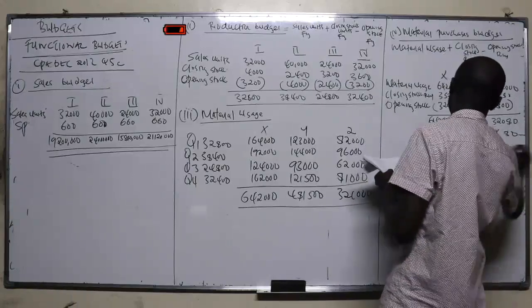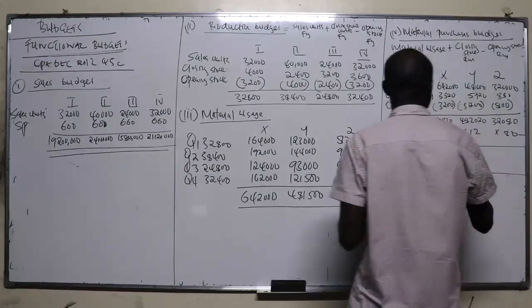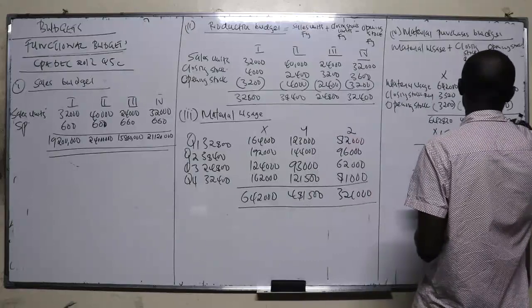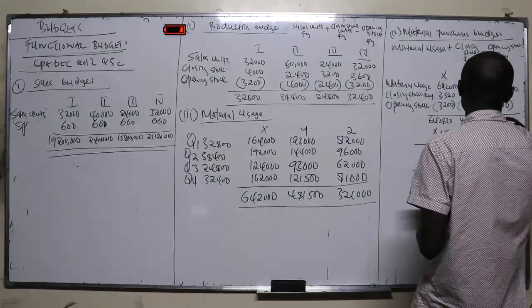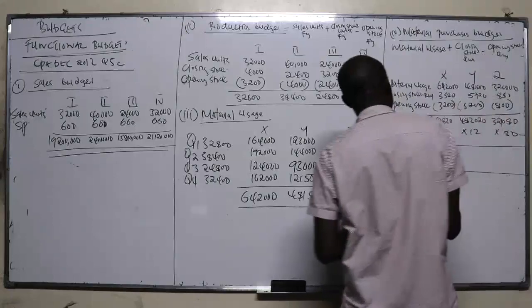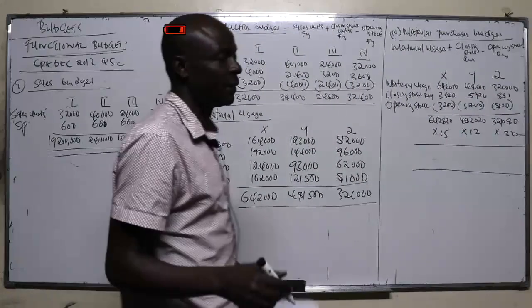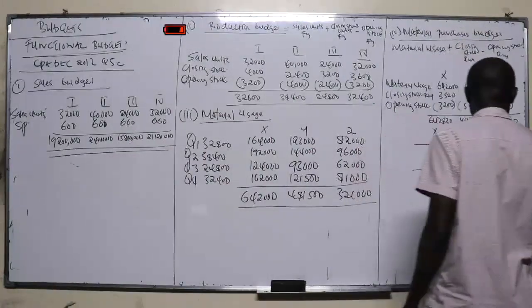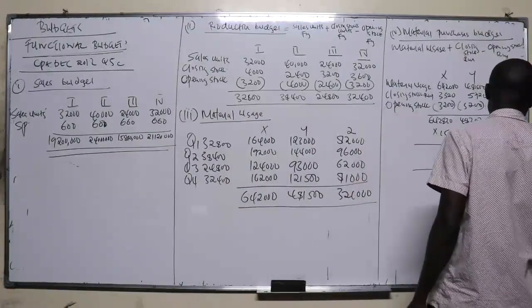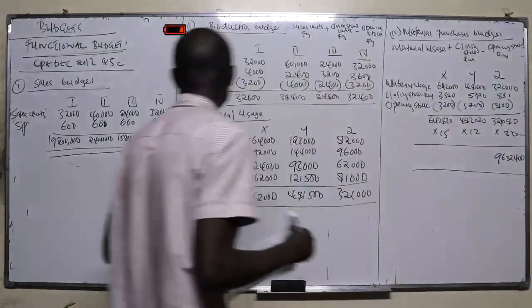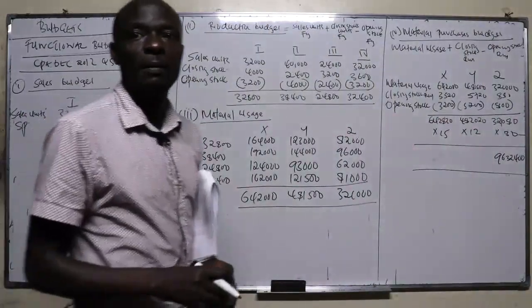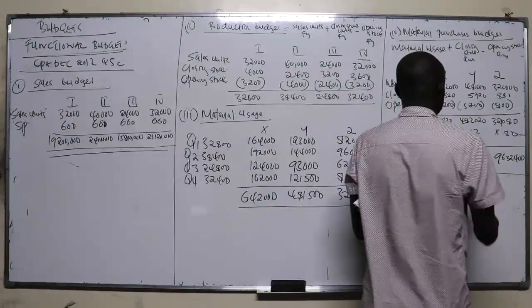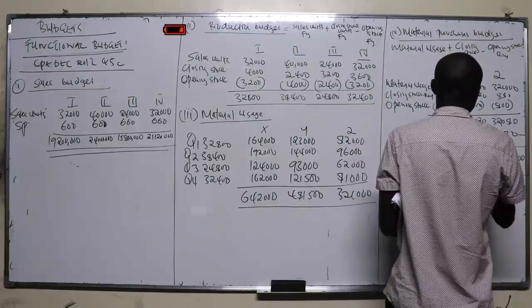So you also get 321. Easy, I will multiply. 96. And the other one, 57, 84, 40.